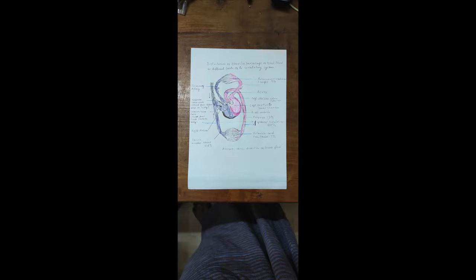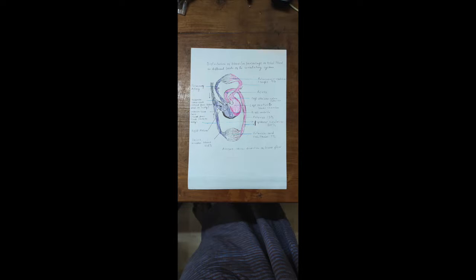The blood coming out of the lungs, looking more reddish, well oxygenated, carbon dioxide poor, is transported by the pulmonary veins to the left atrium of the heart, thence to the left ventricle, from where it is pumped out to the body through the aorta and its branches all over the body.